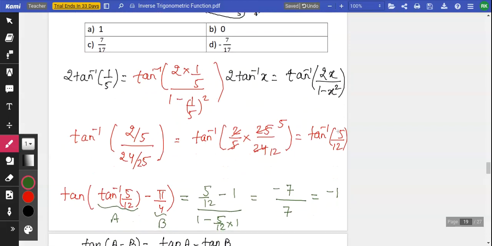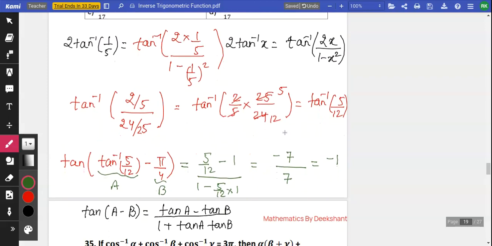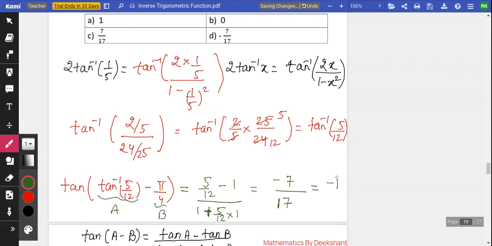It becomes minus 1. Here is some mistake. Oh, here is a plus sign. So according to the plus sign, it becomes 17. The correct answer is minus 7 upon 17. Correct answer is option D.